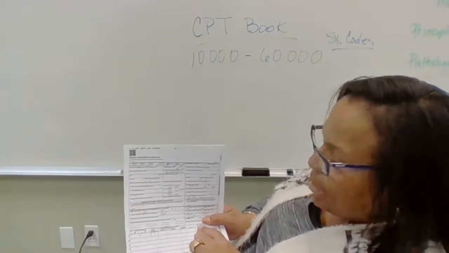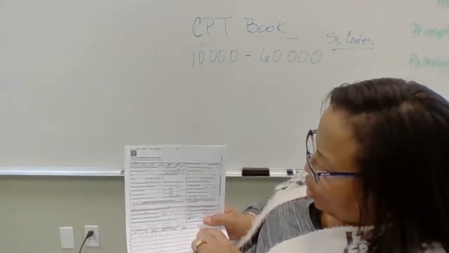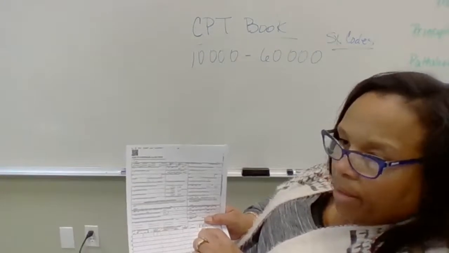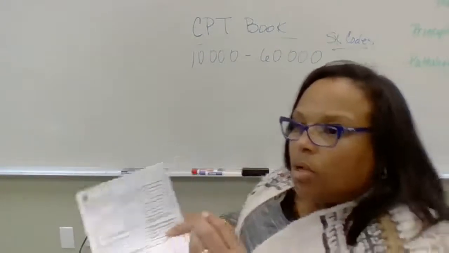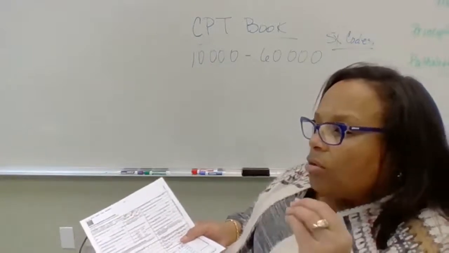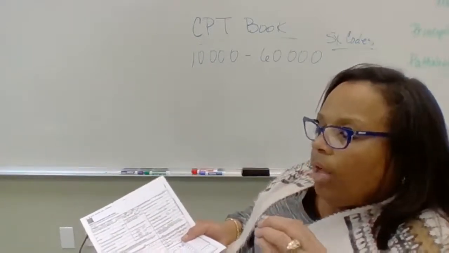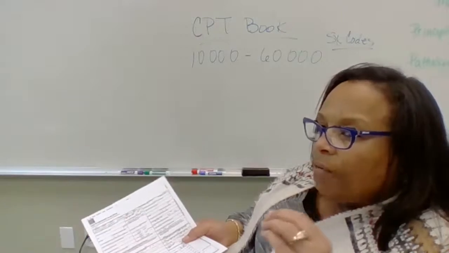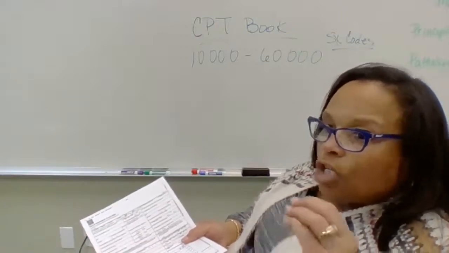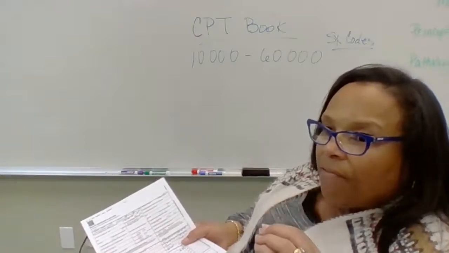And then over here, 24G, where it says days or units, put 4. That's going to let the system know when it adjudicates in the software that it's to be considered 4 times the day of charges. Does everybody get that? So either way you want to do it, that's perfectly fine.